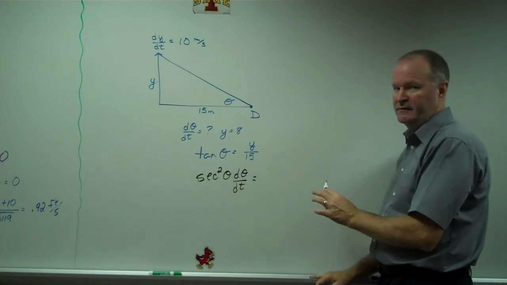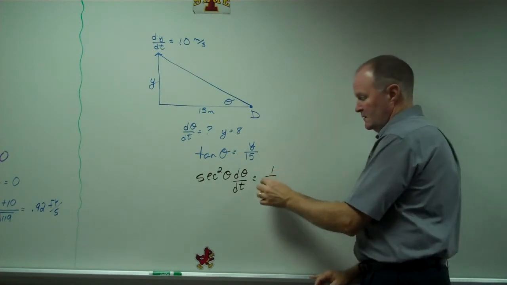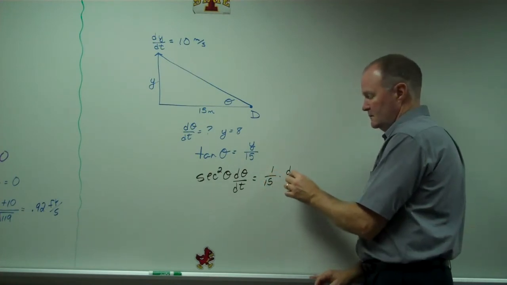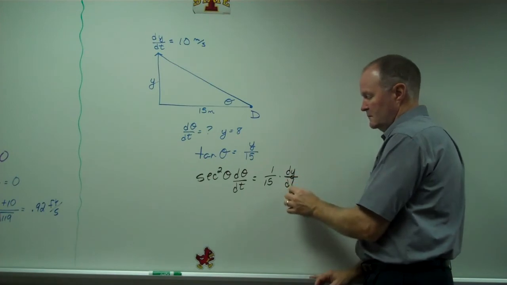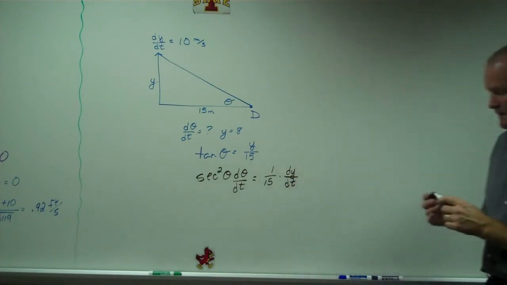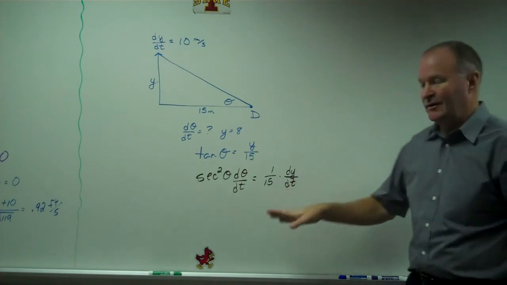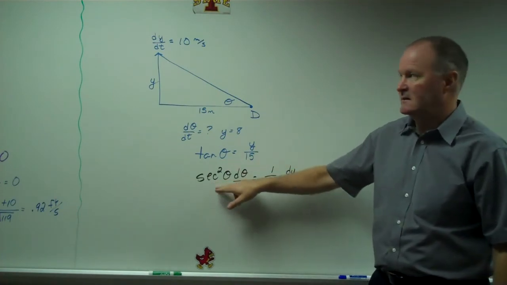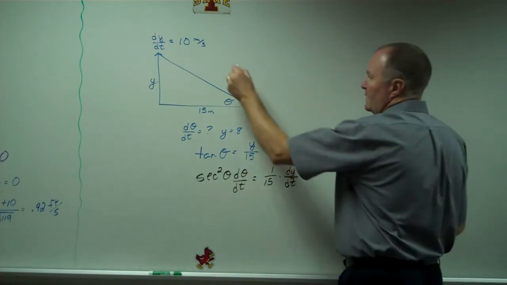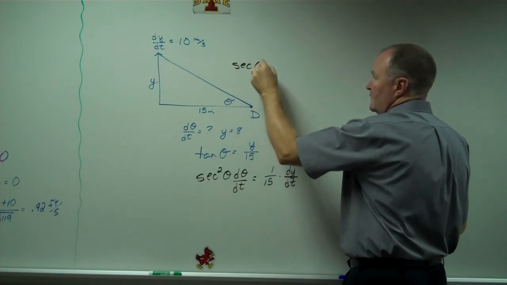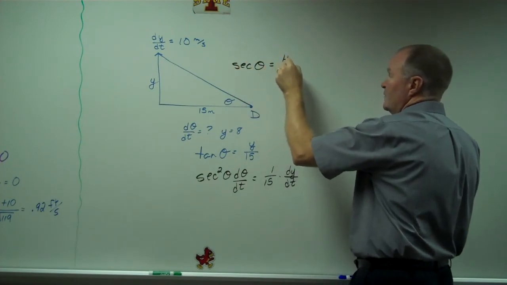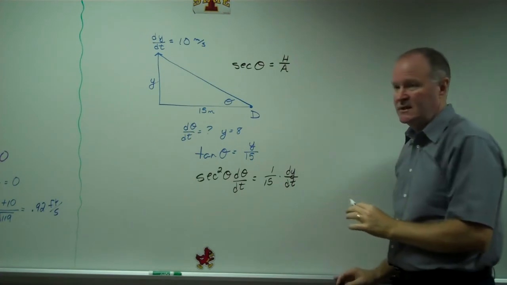what's the derivative of y over 15? 1 over 15 dy. The only thing I have to find is the secant of theta. Back here, the secant is the hypotenuse over the adjacent.